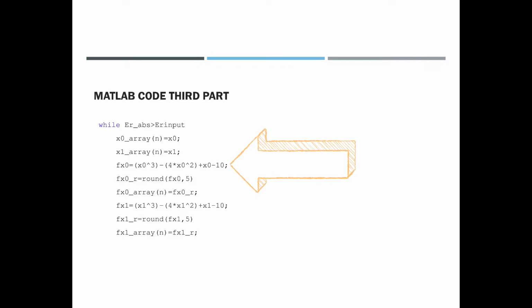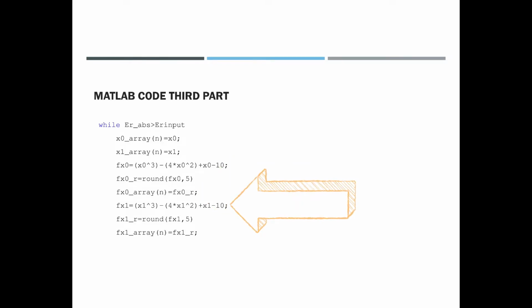This will compute for the value of f of x sub 0 using the current value of x sub 0. This will round off the current value of f of x sub 0 to 5 decimal places. This will save the current value of f of x sub 0 as the nth element of the f of x sub 0 array.